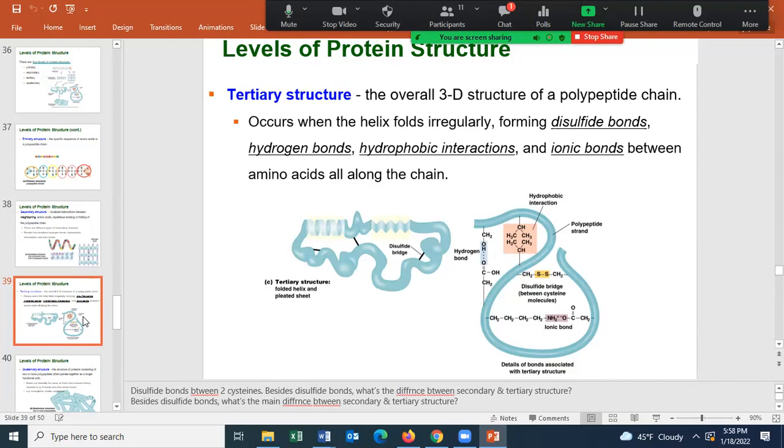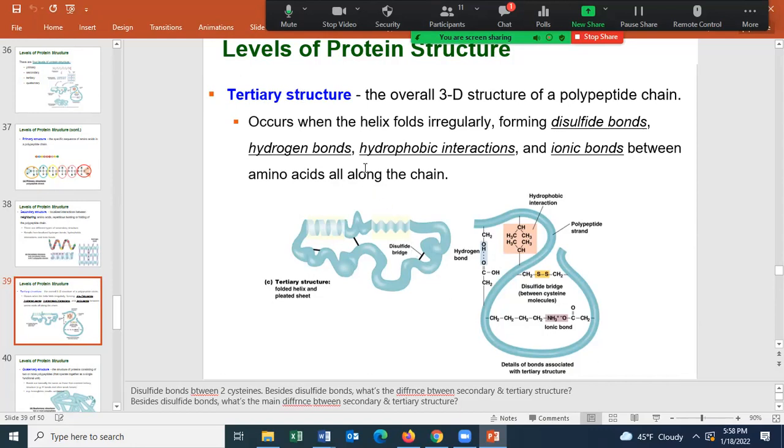For some proteins, all they go up to is tertiary structure. Any protein that is made up of only one polypeptide unit goes up to tertiary structure. To my knowledge, that's all enzymes, but I'm just going to say that's most enzymes.